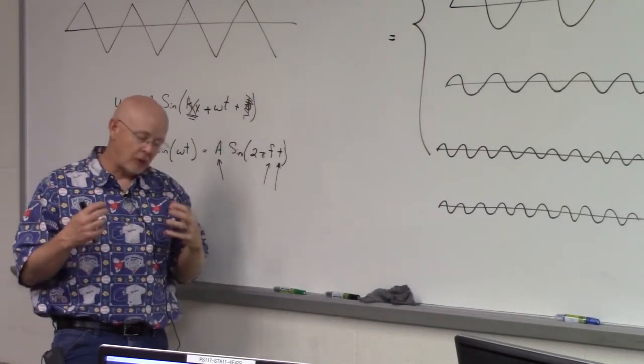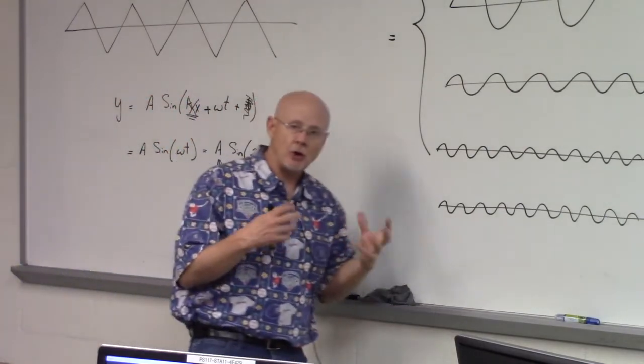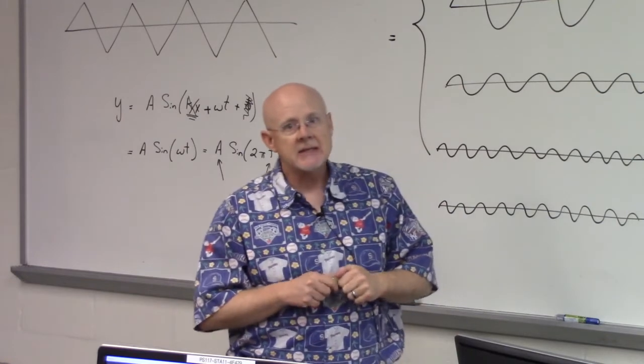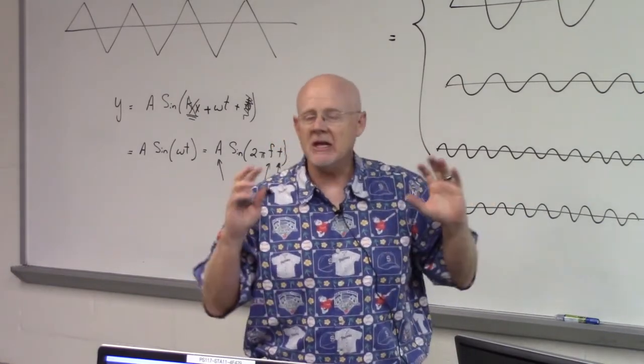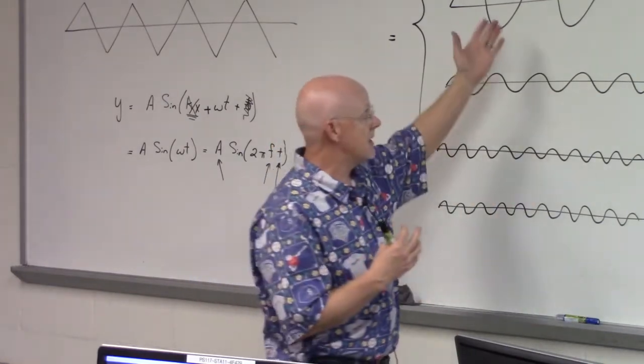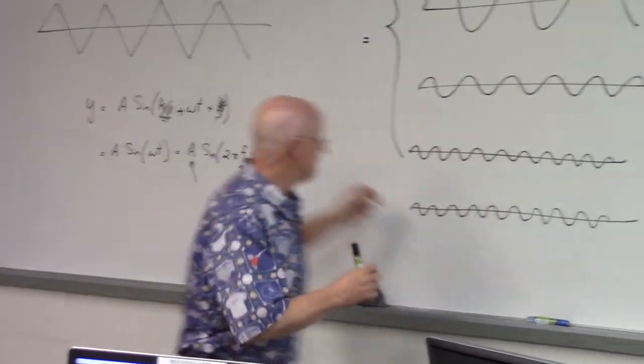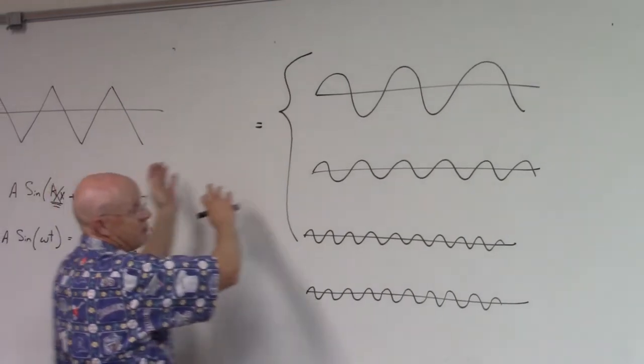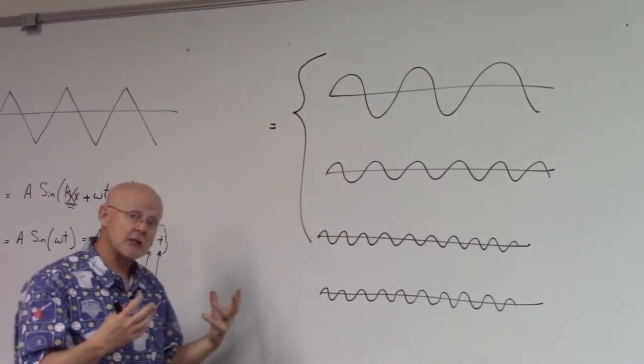And that is hopefully my way of making you go through a procedure here that will convince you that any shape, give me any shape you want, I can write it as a sum of simple waves. So a sum of simple waves make a complex wave. And when you go from a complex wave to its components, that mathematics is called a Fourier transform.